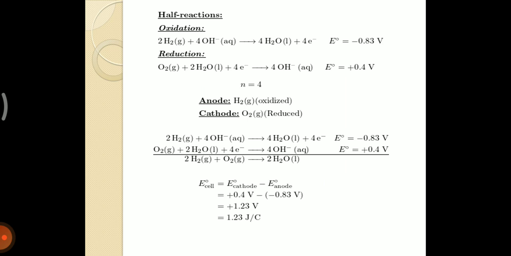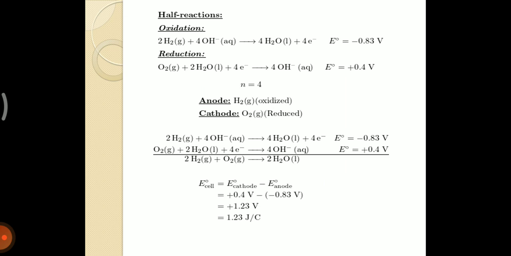This is the reaction of the anode and cathode compartments. In the anode compartment, the oxidation reaction occurs. Hydrogen is oxidized to produce electrons and reacts with hydroxide to form water. The EMF value of the anode compartment is minus 0.83 volt.